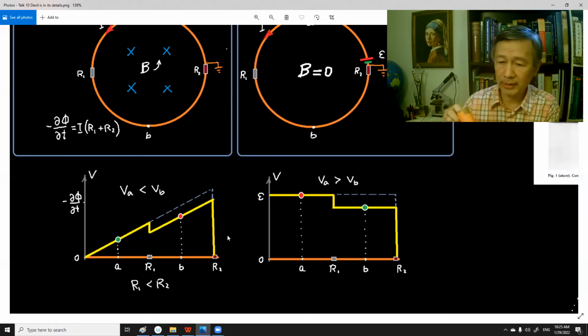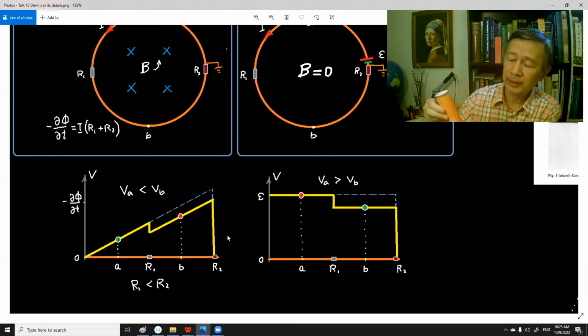Let's go to the simple one. This is for the DC battery. This is a circle. If you follow this one, you can see the potential distribution along the circle, which includes the two resistors.